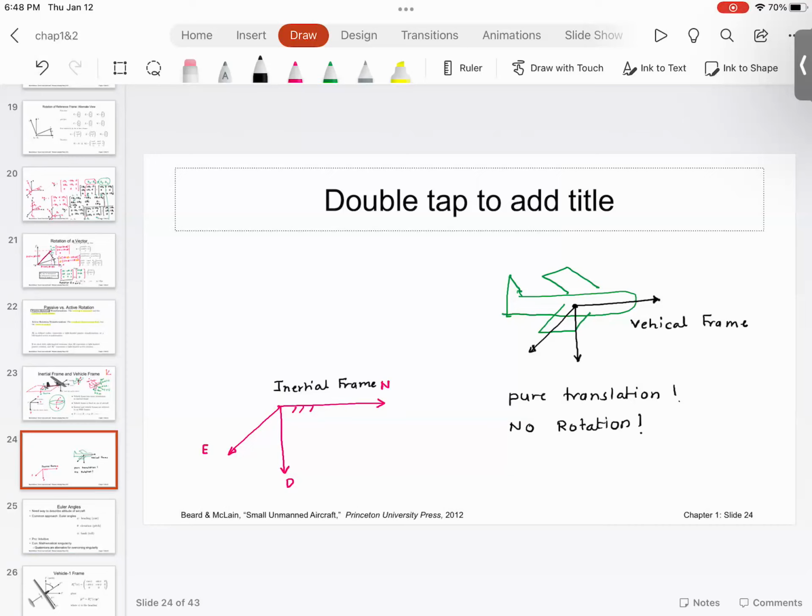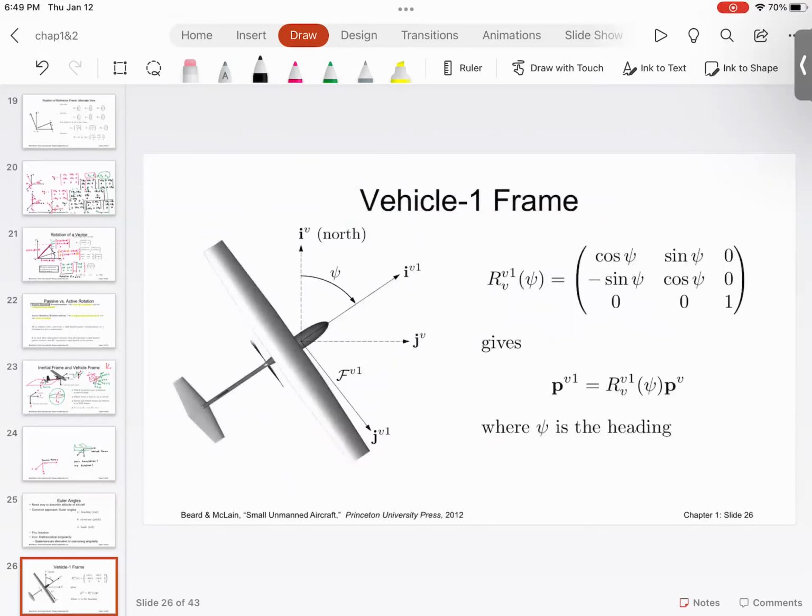So think of it like the spherical wrist attached to the vehicle frame. The first rotation is from the vehicle frame to the vehicle-one frame, which means you had an aircraft and now the aircraft is yawing. Yaw is about the z-axis.